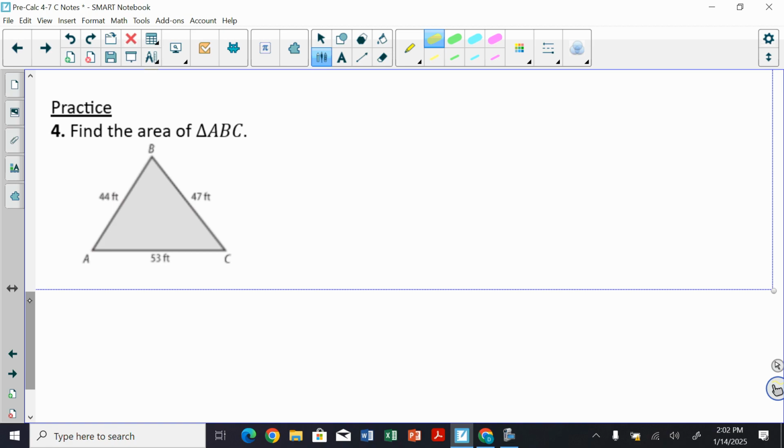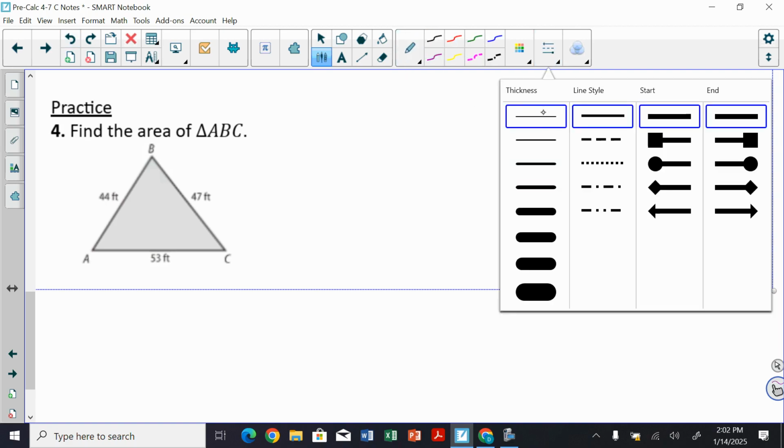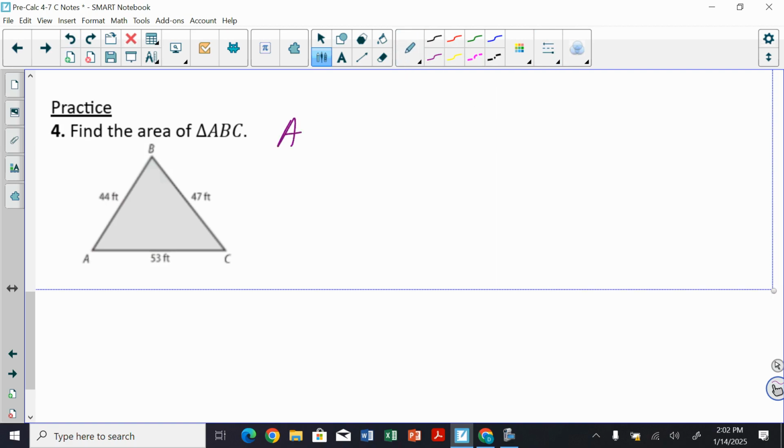All right, well, I know my area formula is simply the big radical and then S times S minus A times S minus B times S minus C. But I need all those values.